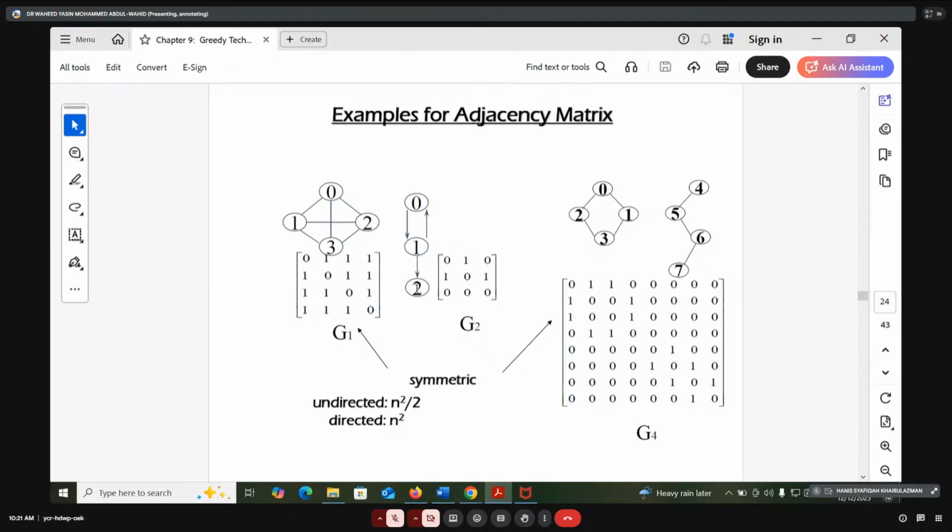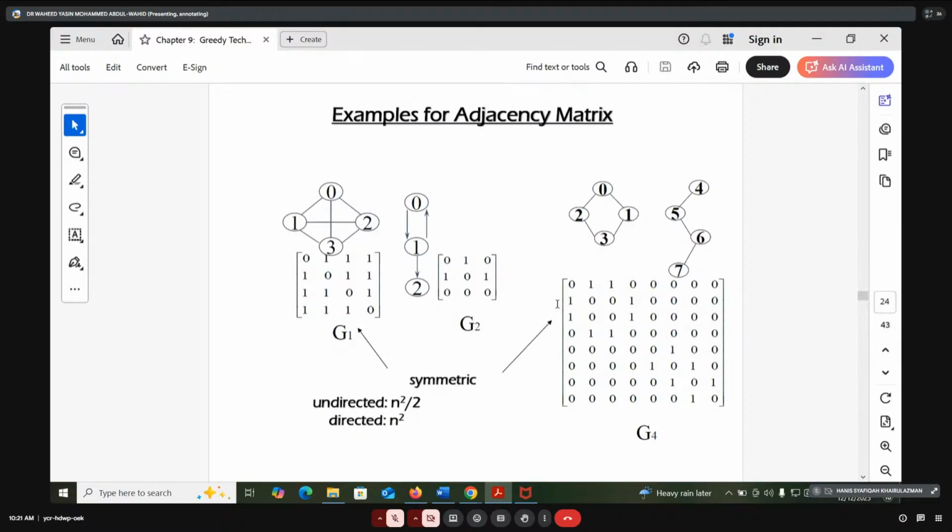Okay. From 2, what is the connection here? Oh, nothing. So it will be 0, 0, 0. This is because it is a directed graph. So here it will be 0, 0, 0 because there is no line connected from 2 to 0.